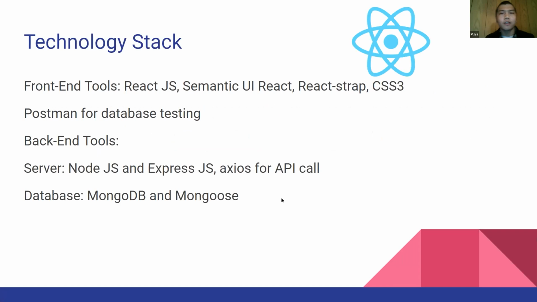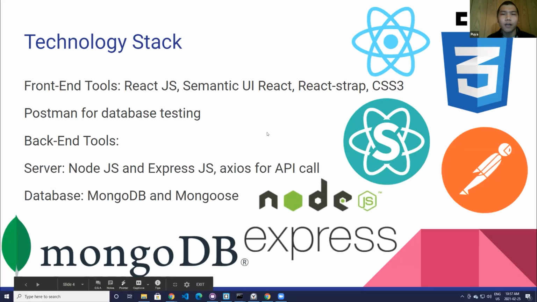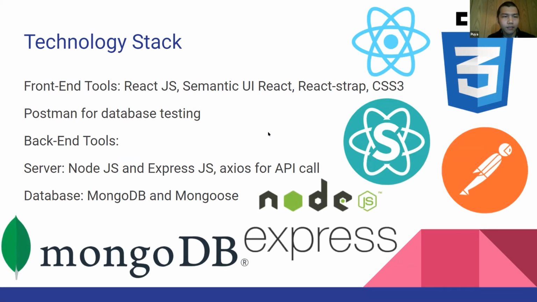Hi, this is Puya. Let me move on to explain about the technologies we have used to complete our railway app. We applied two applications on this project. One is called Client and the other is called Admin. For the front end, we used React.js for both client and admin application.